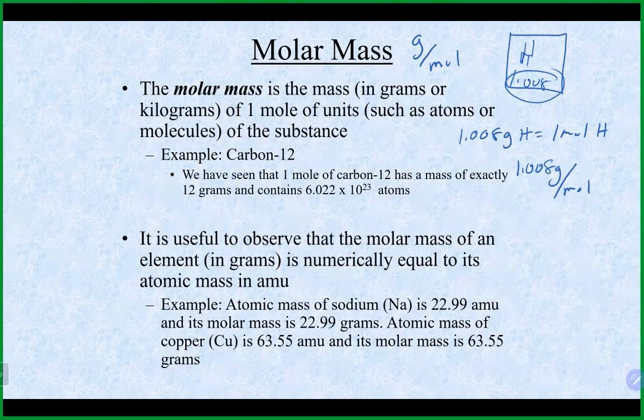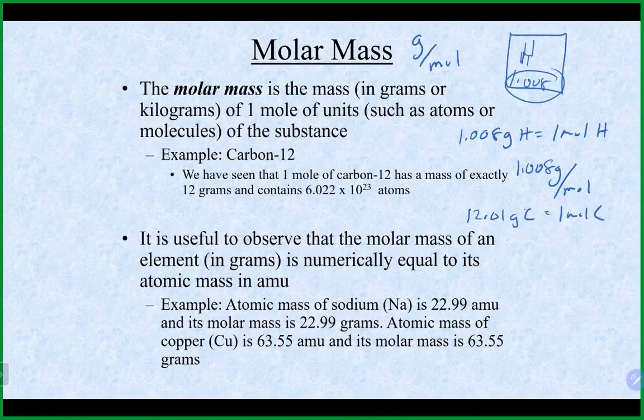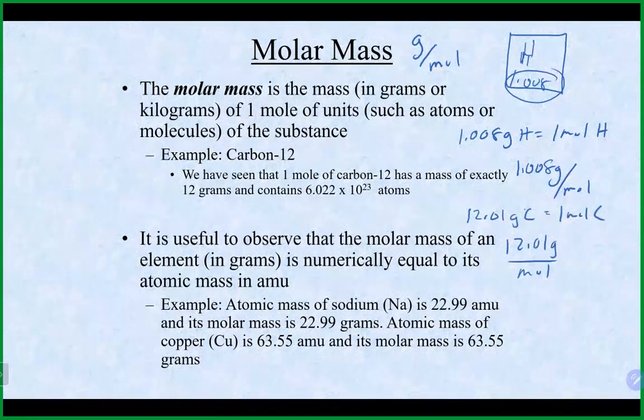If we had carbon, there would be 12.01 grams of carbon in 1 mole of carbon, which means the molar mass of carbon is 12.01 grams per mole. We also could do it for things like water, which is not just an element by itself. In 1 mole of water, we would have 18.02 grams of water.